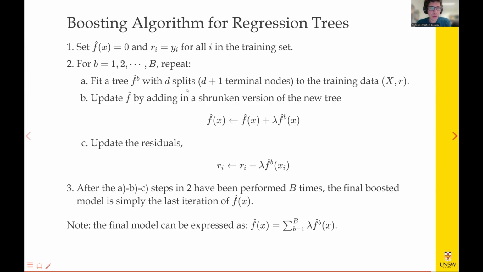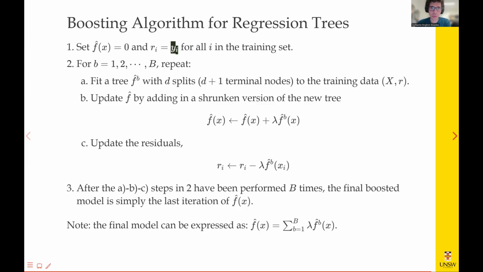So first of all, you will set your overall prediction to 0. Okay, so you set it to 0 to begin with. And now, in terms of notation here, careful, f hat will be what I want my final model to be, my final prediction of my response based on the predictors x. Now, if you start with your fitted values at 0, it means that your residuals are simply y, the response.